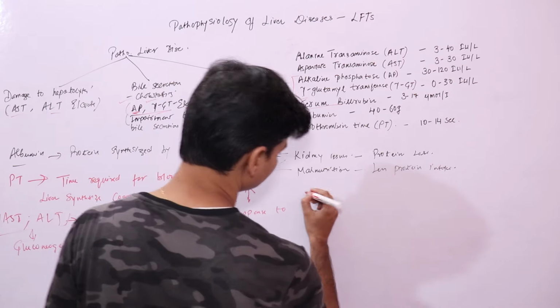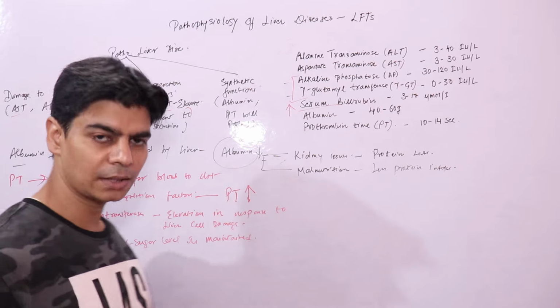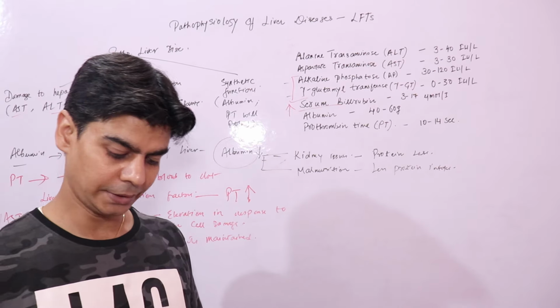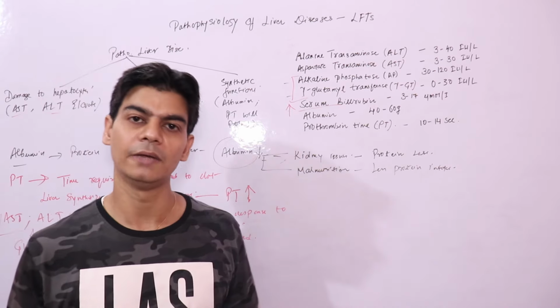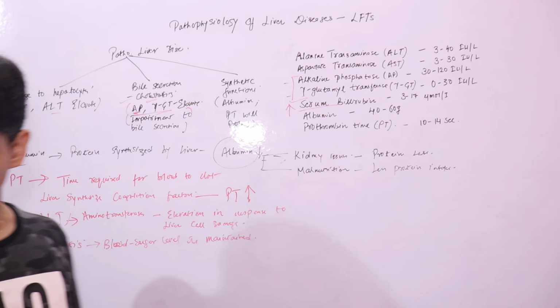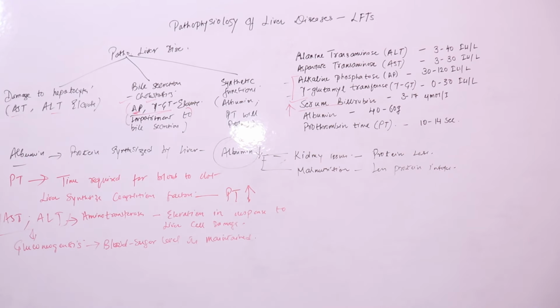Liver diseases, like some people take too much alcohol, right? So taking too much alcohol will affect your liver. It might damage your liver cells. So these are chronic alcoholics, long-term alcoholics.